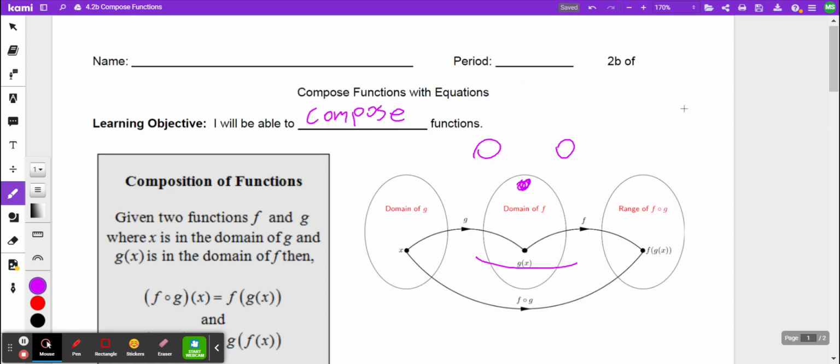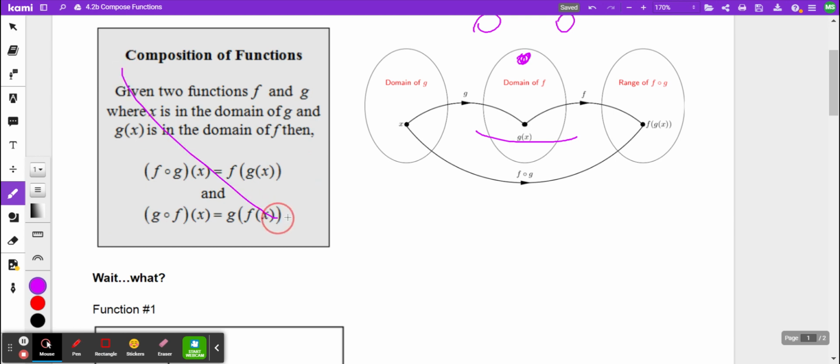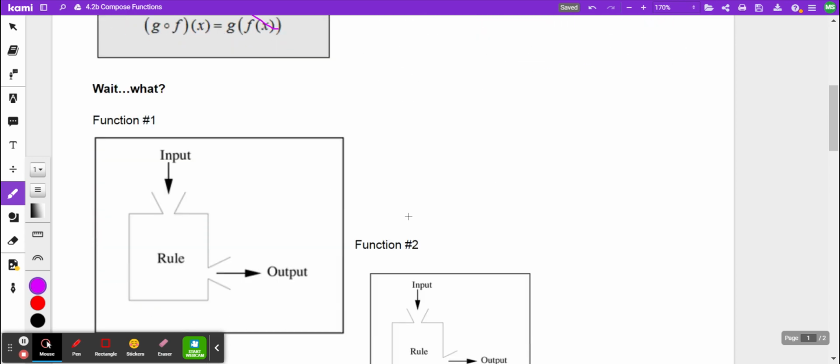If you remember from previously, and let's skip all this right here, that's important, but the basic conceptual understanding is you're going to take one function and you're going to have the inputs go in and come out, and then they're going to go in the other function and come out.